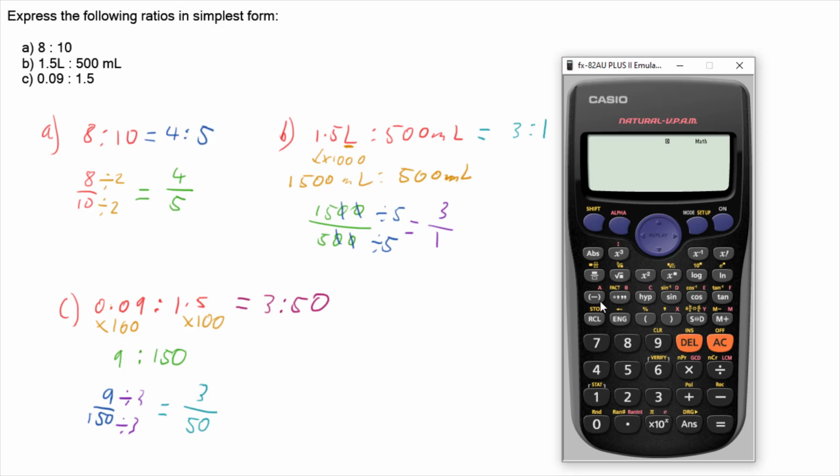And so I can write, say, my first ratio, 8 is to 10, as the fraction 8 over 10. And when I press equals, it'll give me the simplest form, 4 over 5, which is 4 is to 5. I can do 1.5 over 500. And this will not give me a fraction.